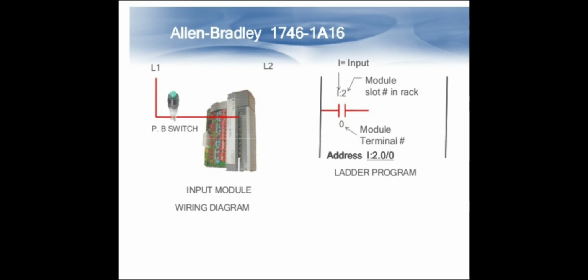I stands for input, 2 stands for the module slot in a rack, and 0 stands for the module terminal. So the address is I:2.0/0. This is the address of that particular ladder program.